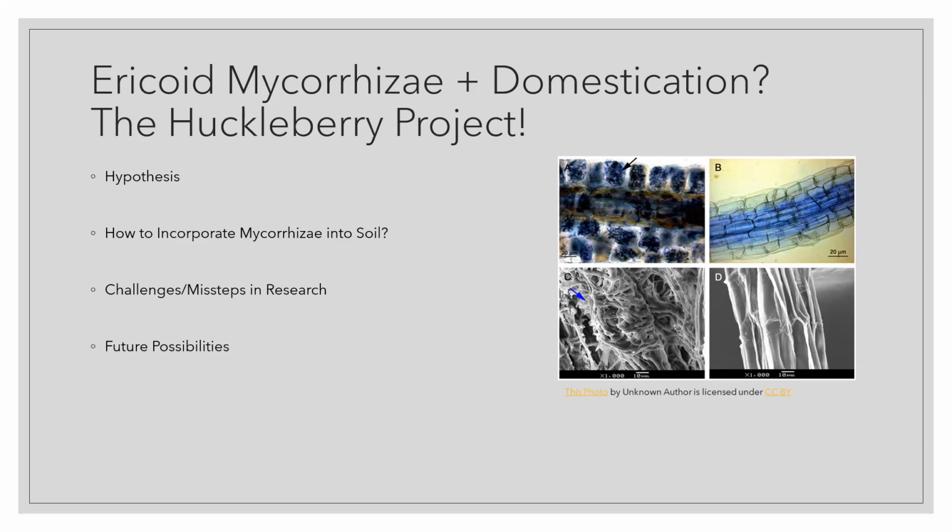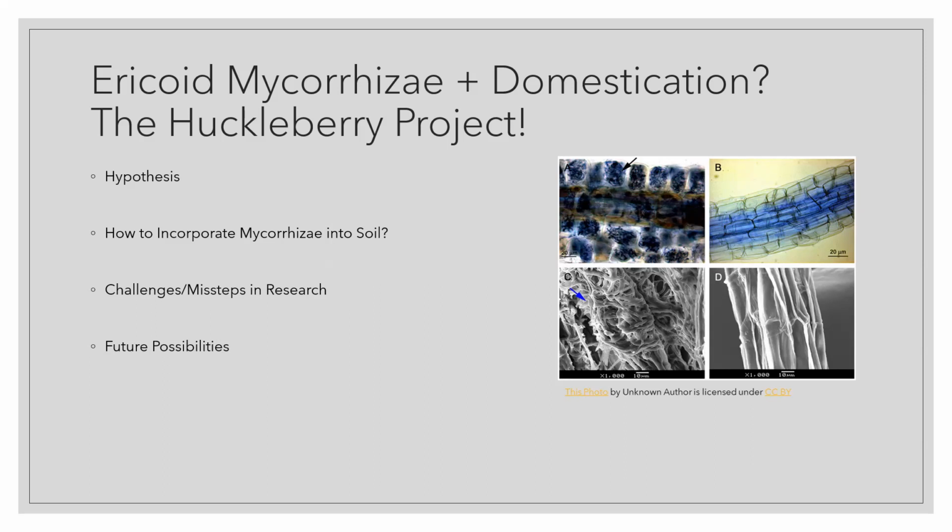In my case, I basically drove to Idaho, went to where I recognized a bunch of huckleberry bushes, and gently dug up soil from around them and around the root system, and then dumped it all in a bucket. I think I had three 5-gallon buckets of dirt that I collected from all around the area.